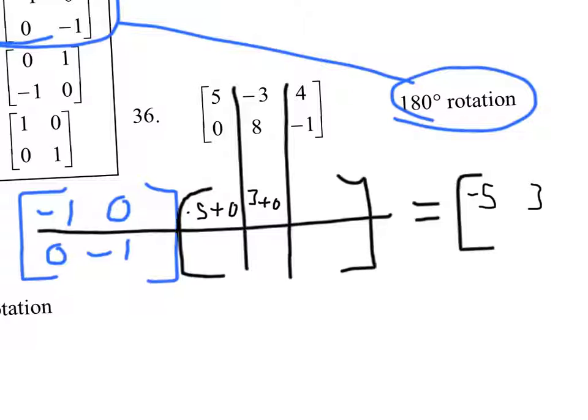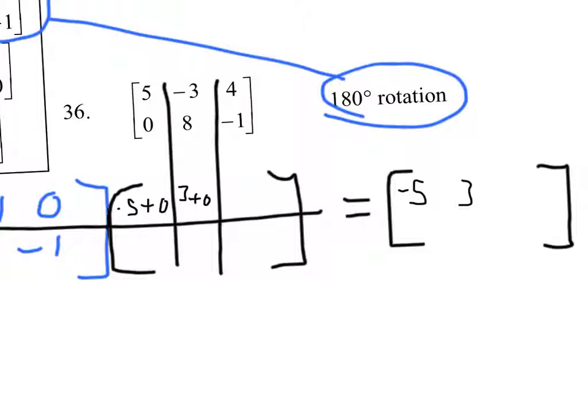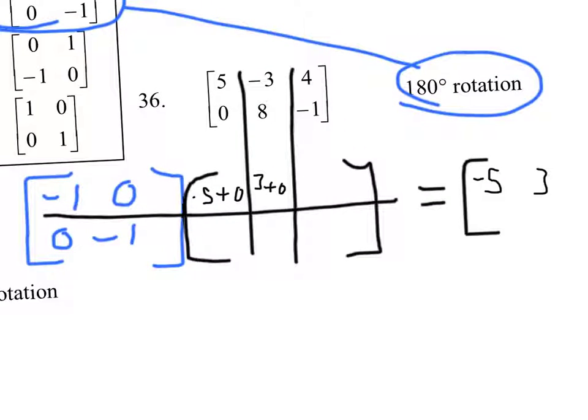Oh, you might notice what's happening. The first row is just being opposited, I guess you might say. So I would bet that the next number would be -4. You should probably check it just to make sure. But we have -1 times 4 is -4. And 0 times -1 is 0.